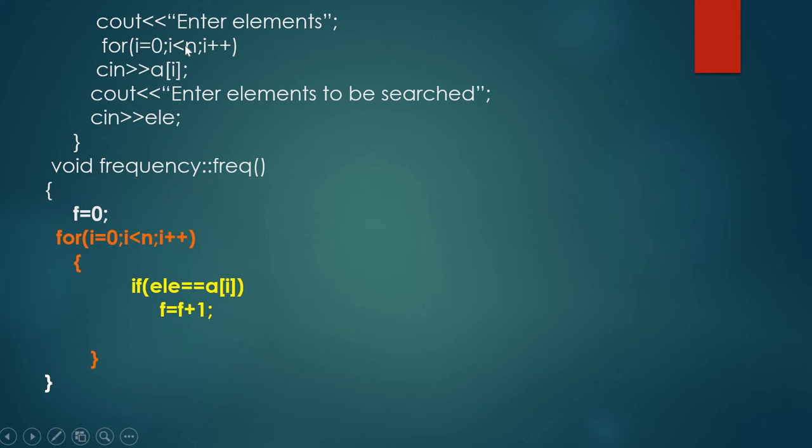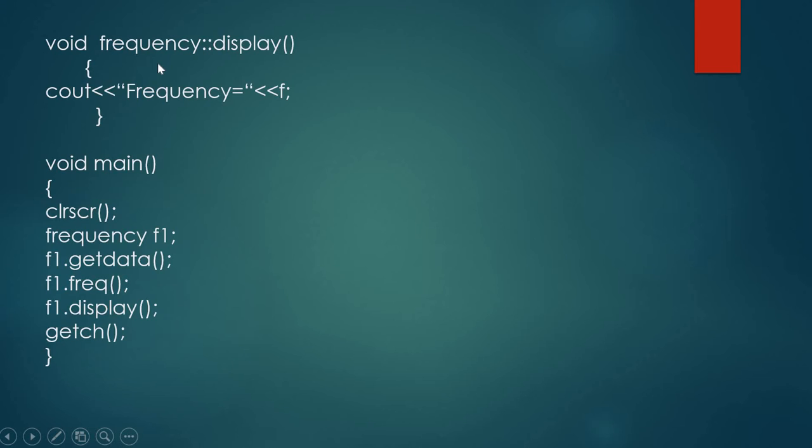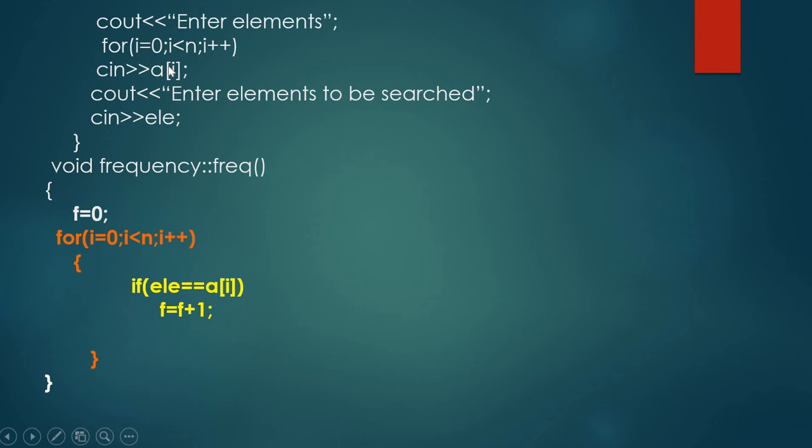Here i less than n, that is, the subscript i is from 0 to n minus 1. Then we are reading the elements of the array: first A of 0, A of 1, A of 2, A of 3, like that up to A of n minus 1. It will read the elements.